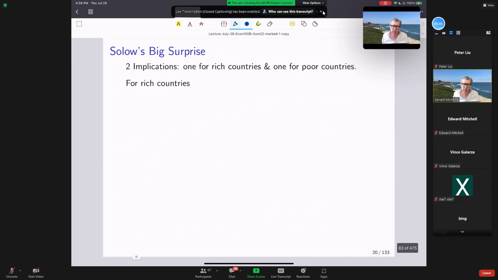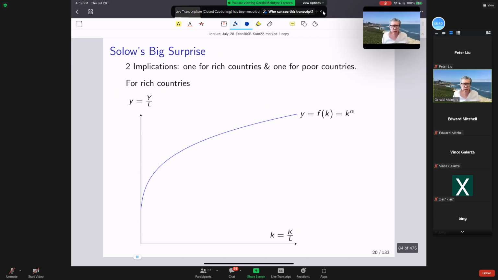So here's the implication for rich countries. Here's the function. We know it has this shape. Where are rich countries on this graph? Someone in chat. Yeah, towards the extreme right-hand side. That's right.